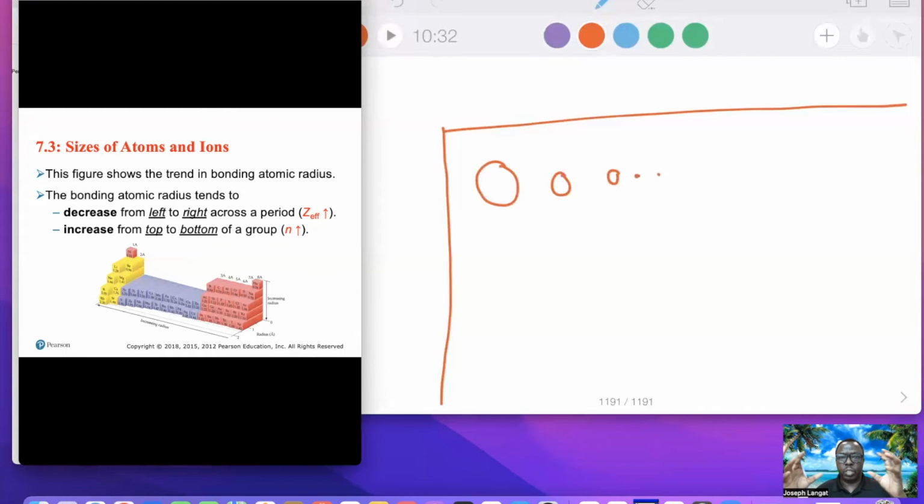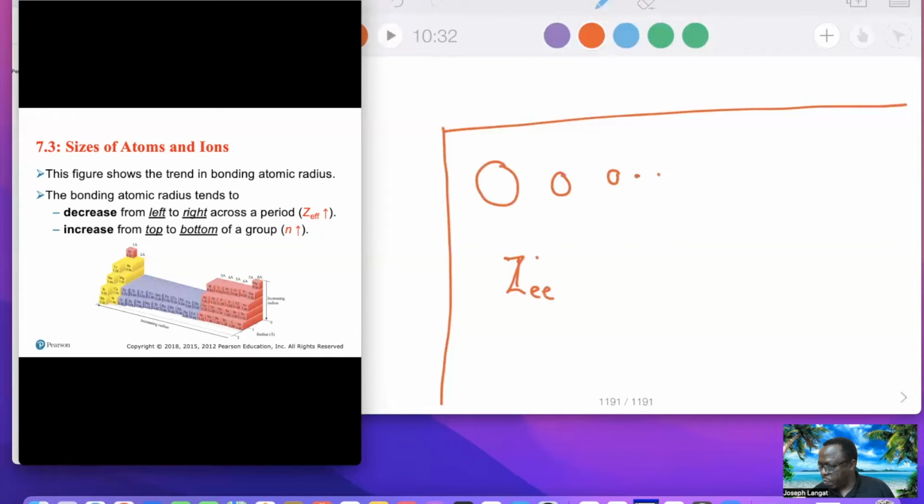So the force of attraction gets stronger as the number of protons in the nucleus increases, and we are adding electrons to the same shell. We are not changing shells. So that is what is meant by C effective going up because of the number of protons.